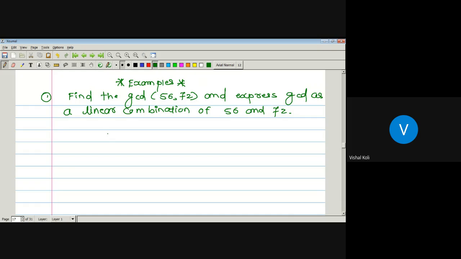How to find out the GCD of 56 and 72? By which method?